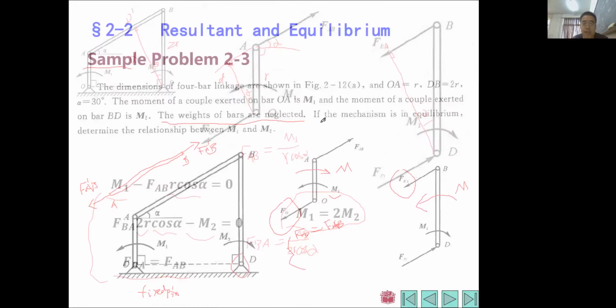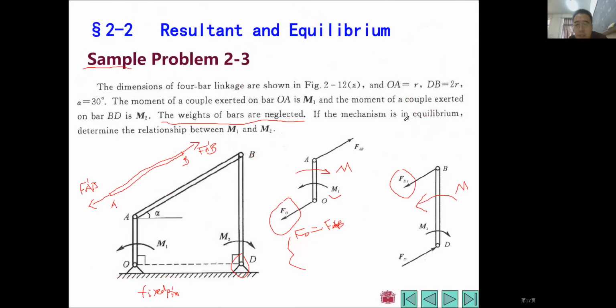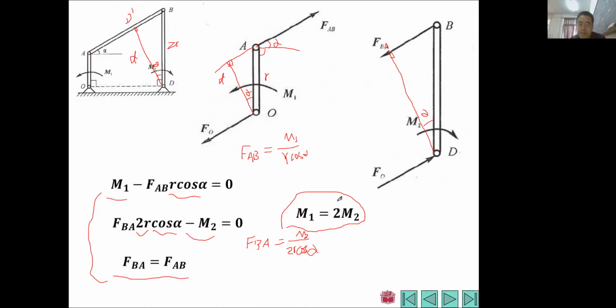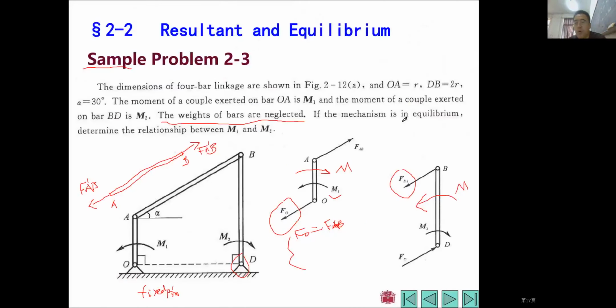Back to the answer. It tells us if the mechanism is in equilibrium, determine the relationship between m1 and m second. That's why m1 should be 2 times m second. Otherwise, the condition that the whole system is in equilibrium cannot be fulfilled, right?